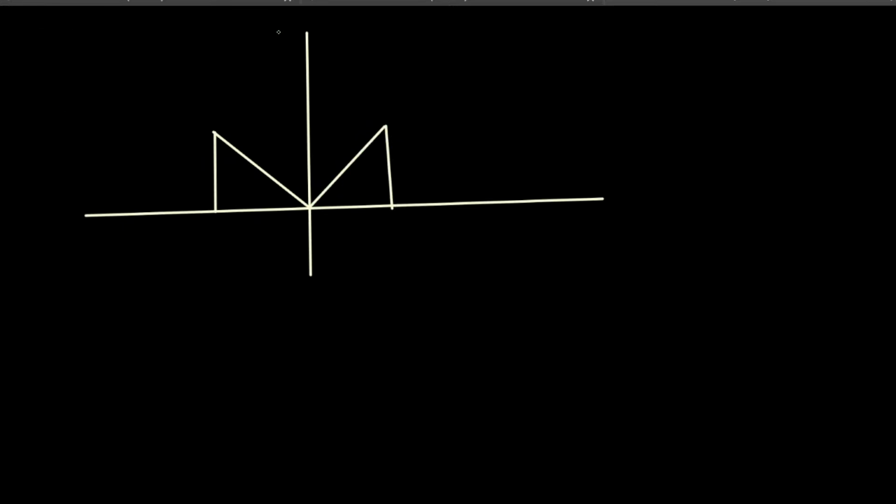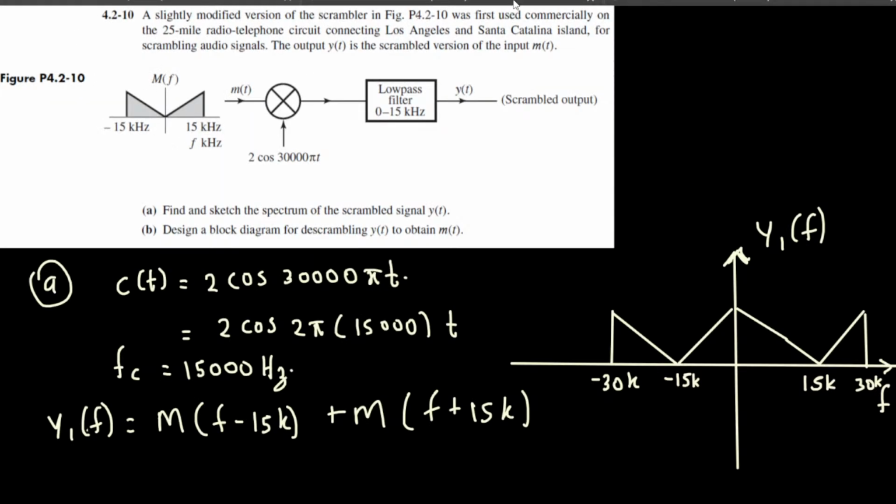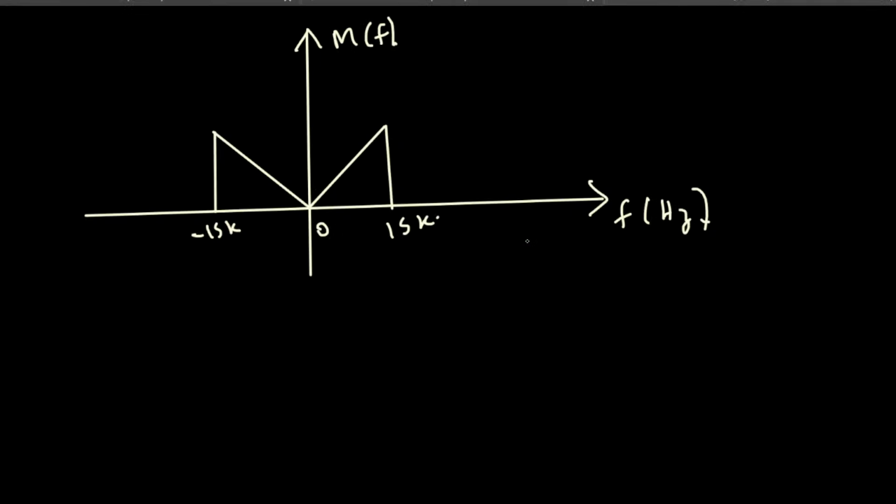This is M of f, in the frequency domain, in hertz: negative 15k, positive 15k, and this is 0. This is the initial diagram, and we got it back here.